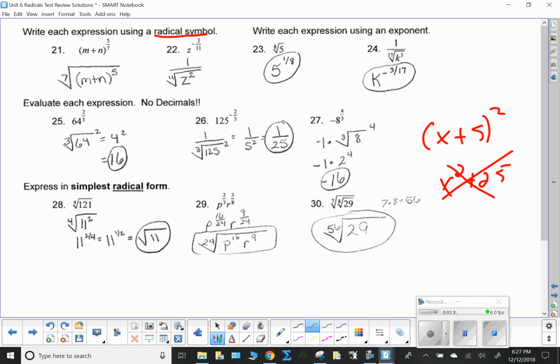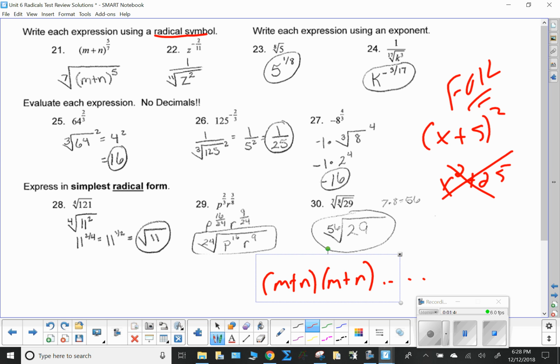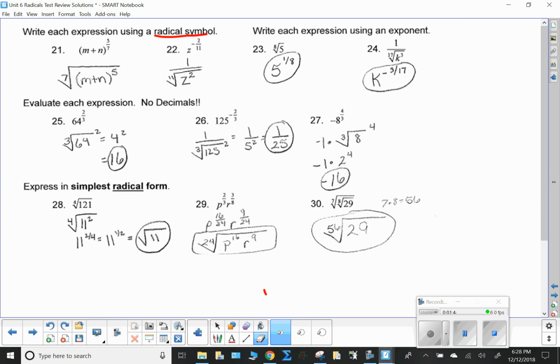This would mean to FOIL. This m plus n to the fifth means doing m plus n times m plus n all the way out until you have 5 of those. So you can't just put the 5 on. But you can keep it all inside the parentheses, raise to the fifth power, and put the 7 in the index location. That's all you have to do.